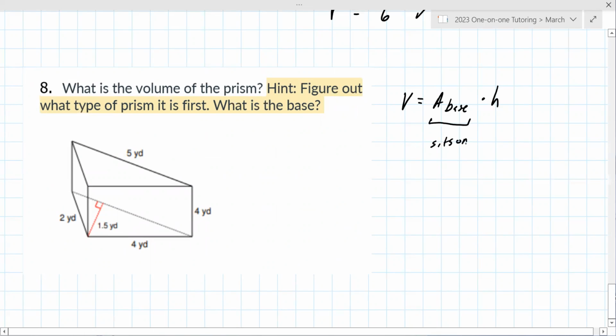Now you might think that it sits on the rectangle, but the other way to look at what it sits on is the shape that, and I don't want to get too technical, is called a cross section, and it is always the same. You don't need to know all that, but it's like how would you slice this thing so that the slices always look the same?